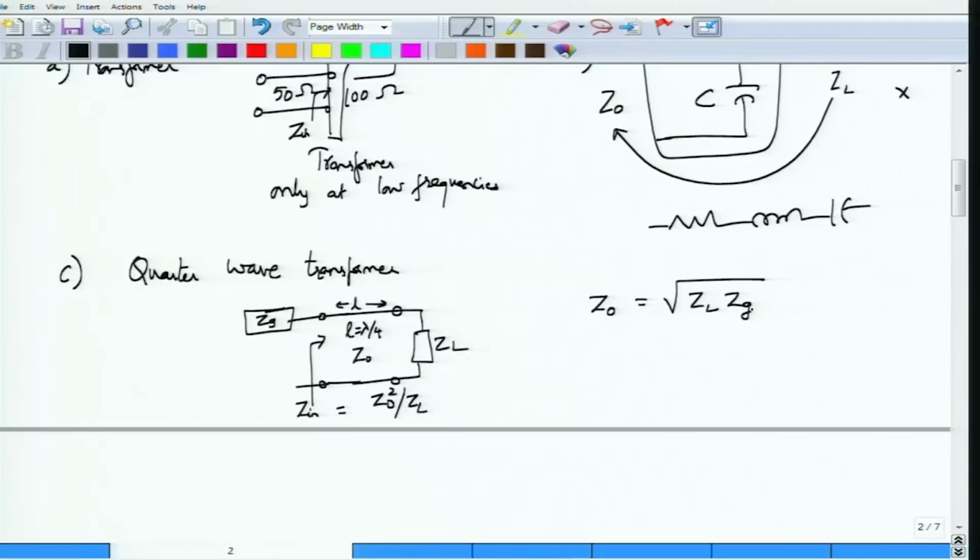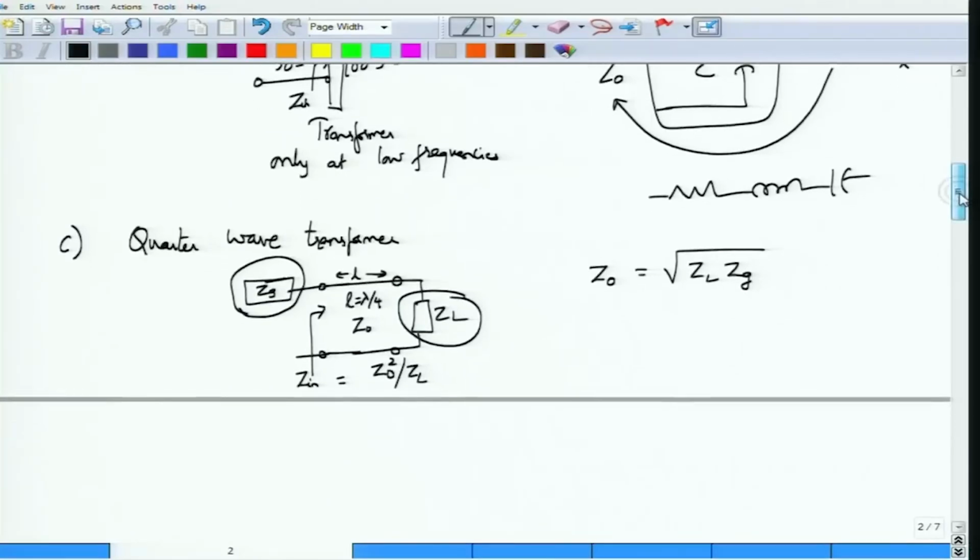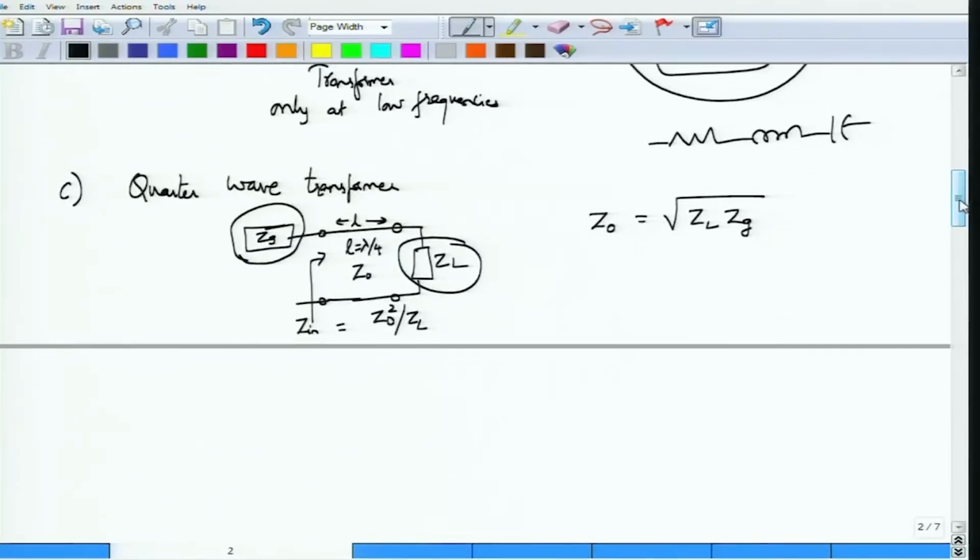So choose a transmission line of length lambda by 4 at that particular operating frequency to satisfy this condition, for any load, typically a real load, to a typically real generator impedance. This is something that is usually used to match real impedances even at high frequencies. The problem here is that the bandwidth of this match is not very good, because it actually works only at a particular wavelength.